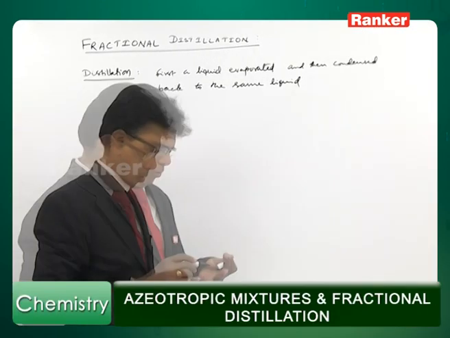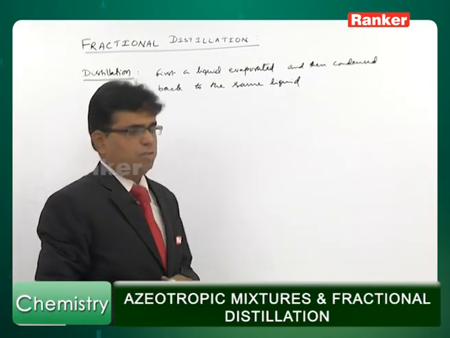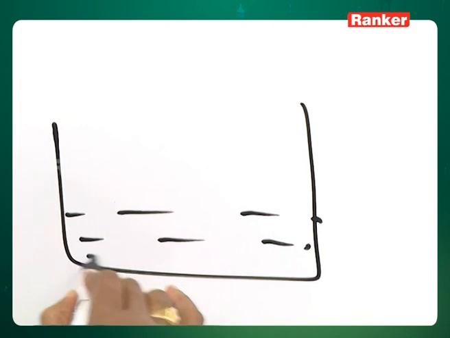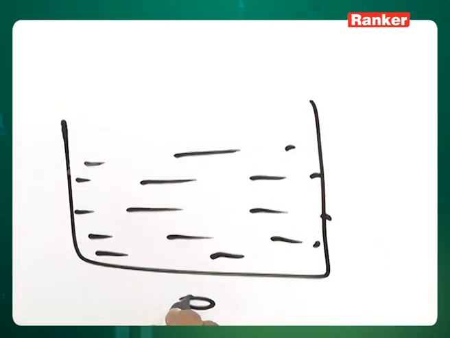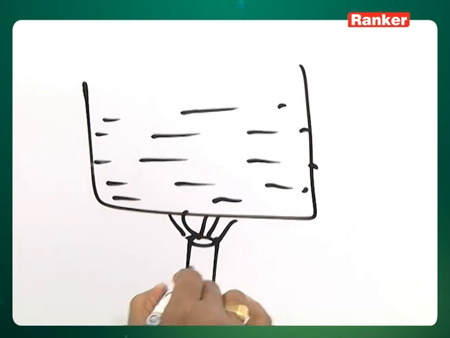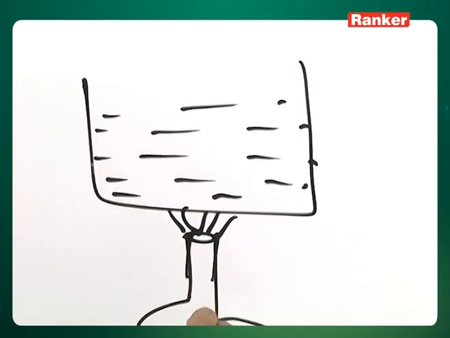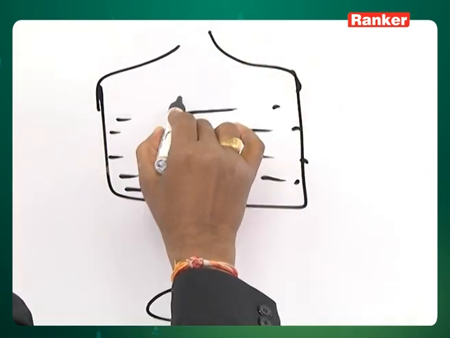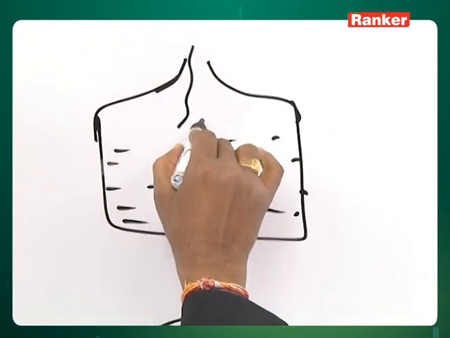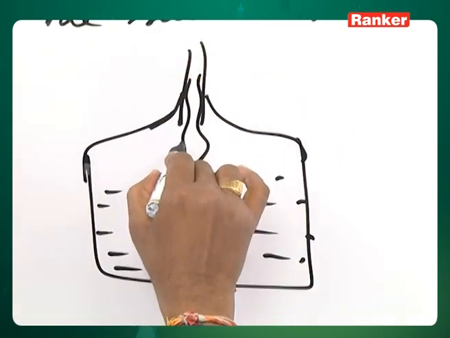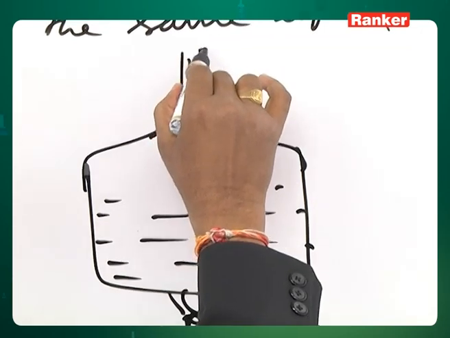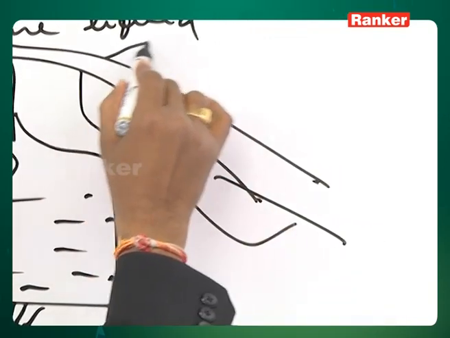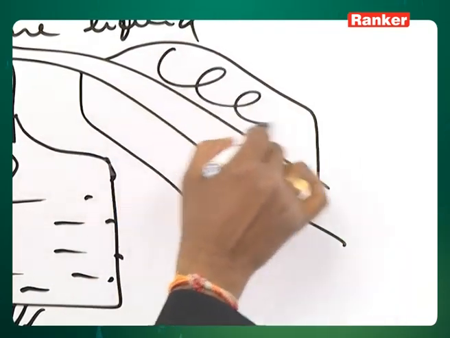So, what is distillation? First of all, if you have a liquid, then the liquid is evaporated on heating, then the vapors that are formed are sent through a glass tube, which has an outer tube in which water is circulated.